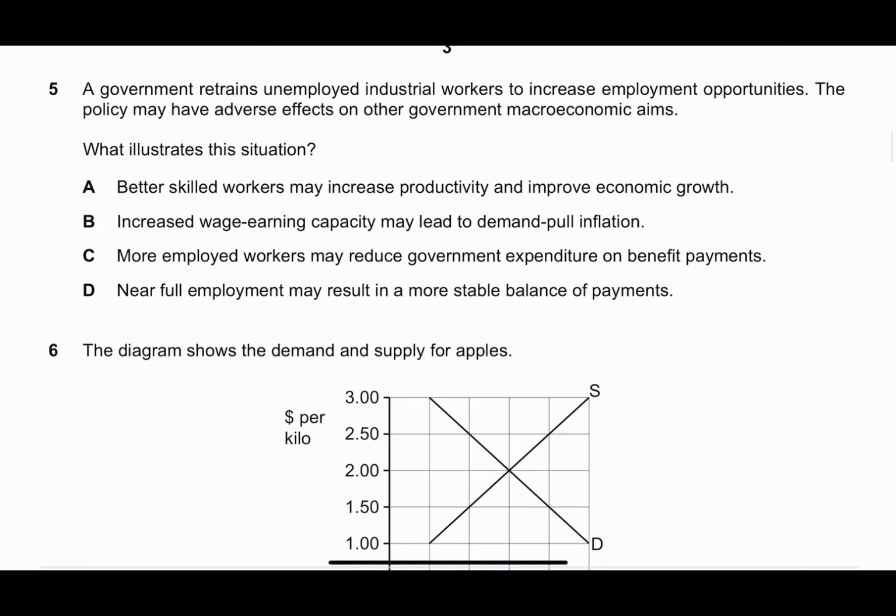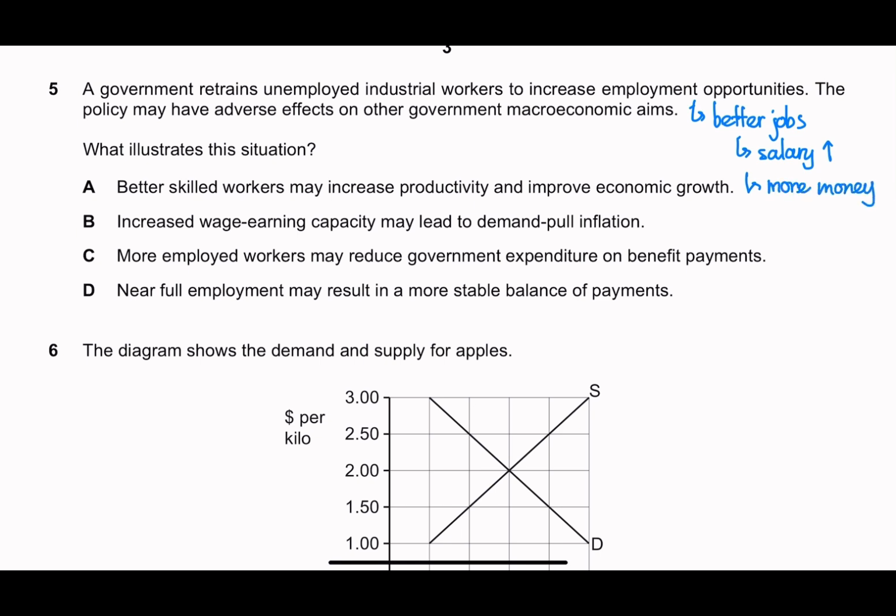Question 5. A government retrains unemployed industrial workers to increase employment opportunities. So if unemployed workers receive more training, then this would lead to better jobs, and better jobs lead to better salary. And with a salary increase, people have more money to spend.